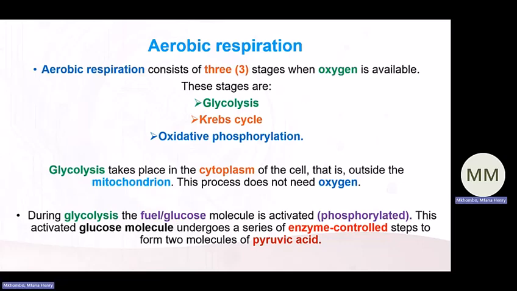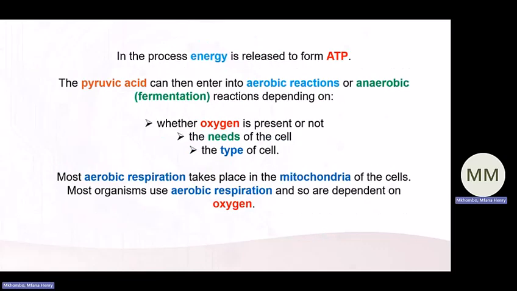During glycolysis, the fuel, glucose molecules, is activated or phosphorylated. This activated glucose molecule undergoes a series of enzyme controlled steps to form 2 molecules of pyruvic acid. In the process, energy is released to form ATP.